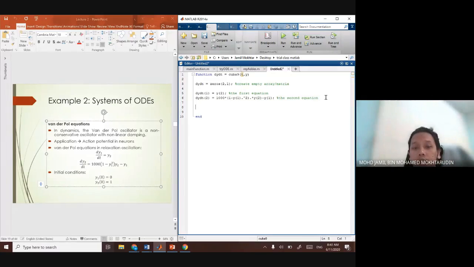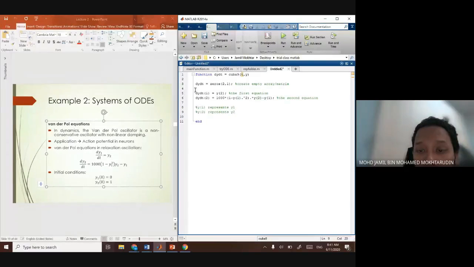So here y(1) represents y1 in the equation, and y(2) represents y2 in the equation. Why do we have brackets here? Because now your ODE is in terms of an array.